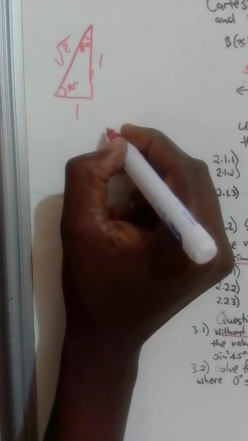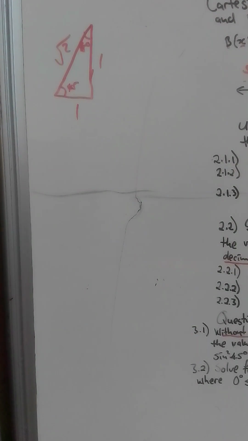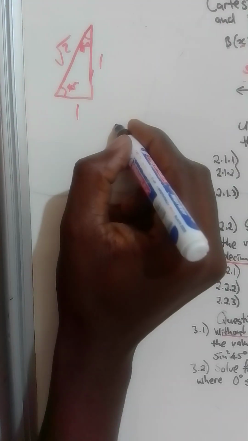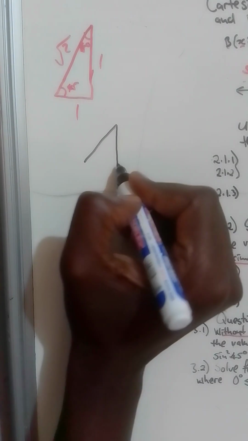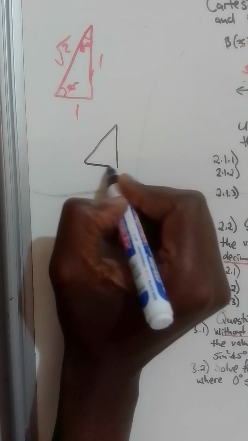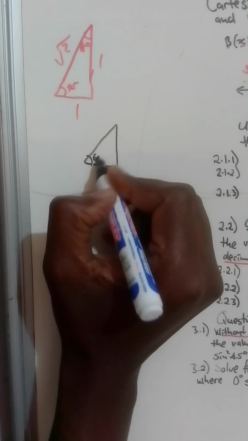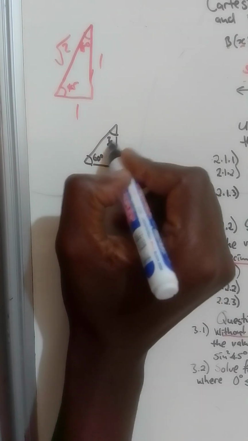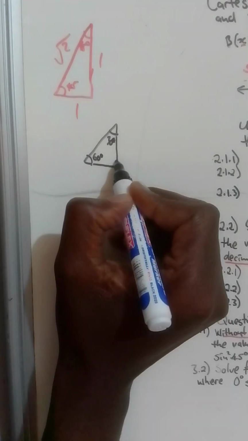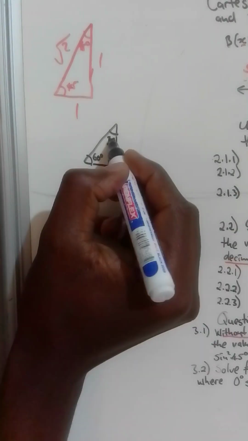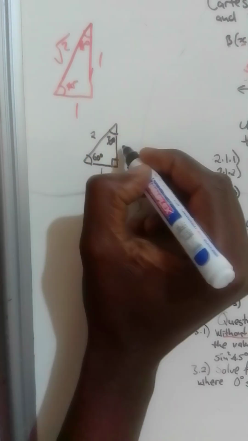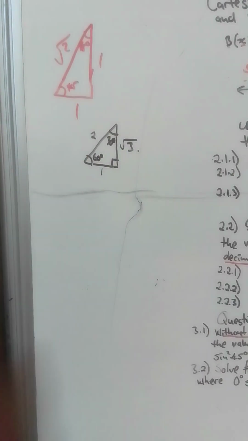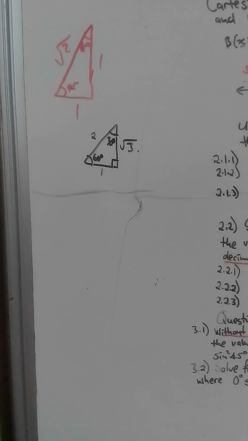And then the scalene triangle, whereby, remember, scalene simply means that we've got 3 different unequal angles and 3 unequal sides. So here this is 60, there that is 30, and here you've got a right angle, and opposite 30 degrees, you know that it's 1, your hypotenuse is 2, and here you've got square root of 3.